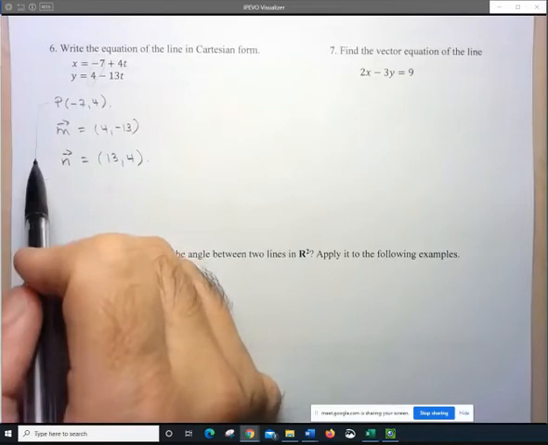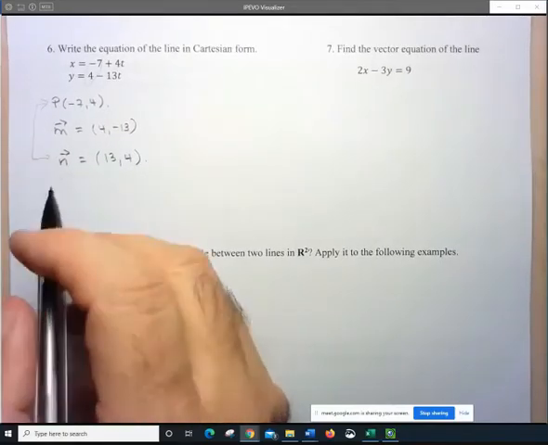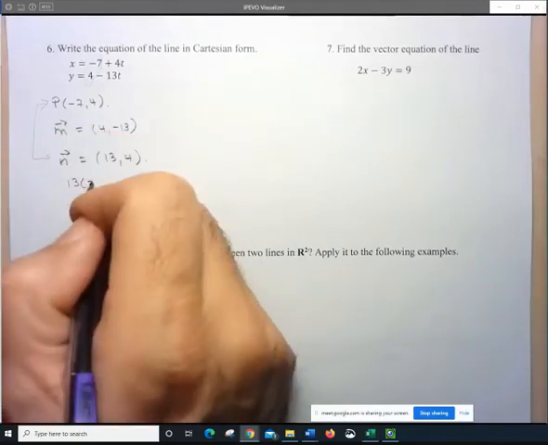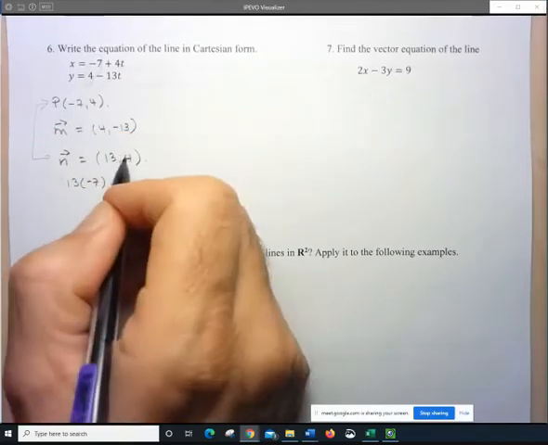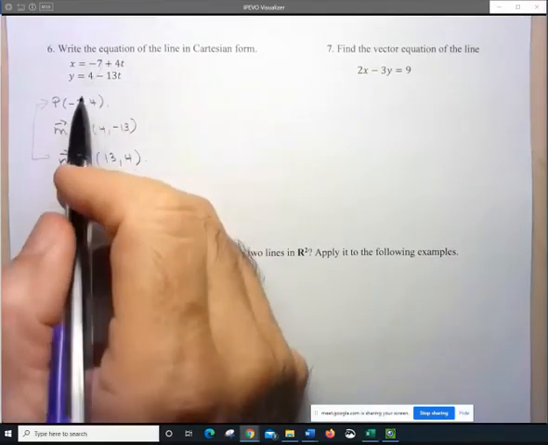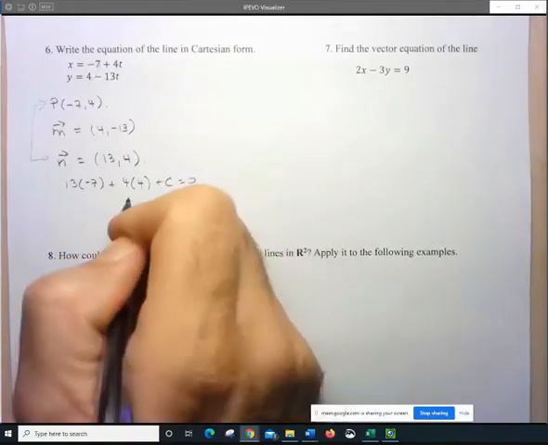perpendicular. And so now I have the information I need to determine the equation of the line. So this is A, 13 times the x value, -7, plus B times the y value, which is 4, plus C equals 0.